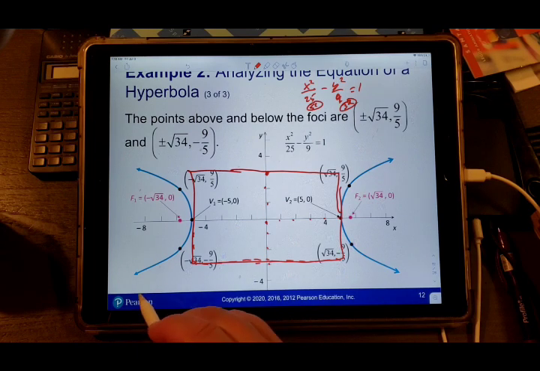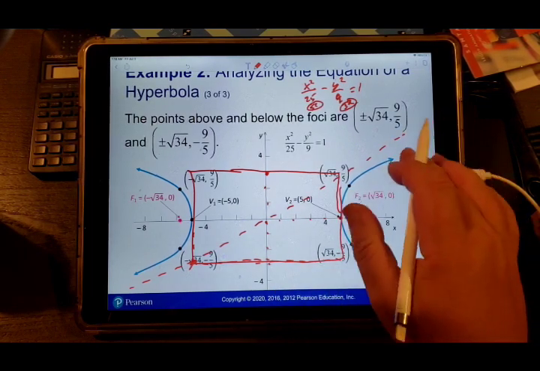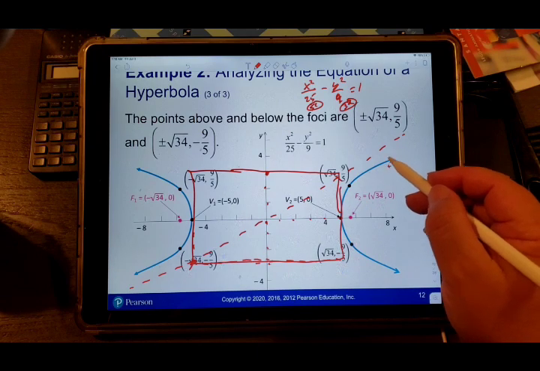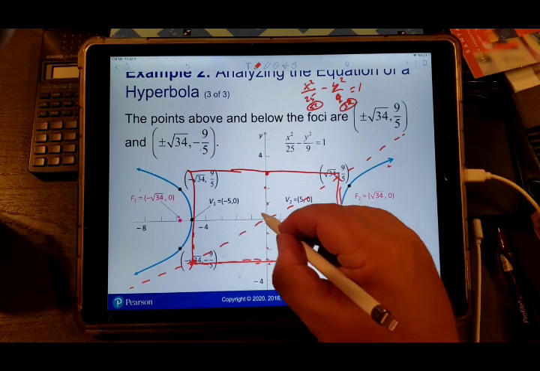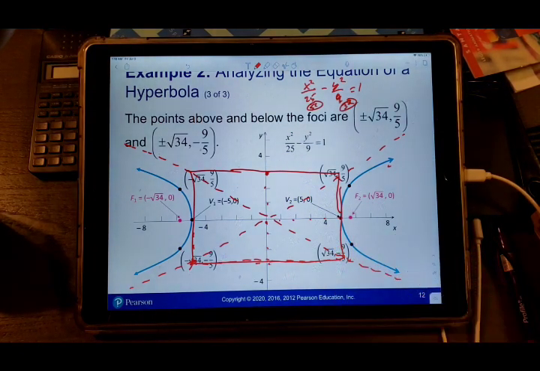Then I'm going to pierce the box through the corners with this line. And either my line is off or the author's graph is off, I don't know. Pierce the box through these corners, that line.